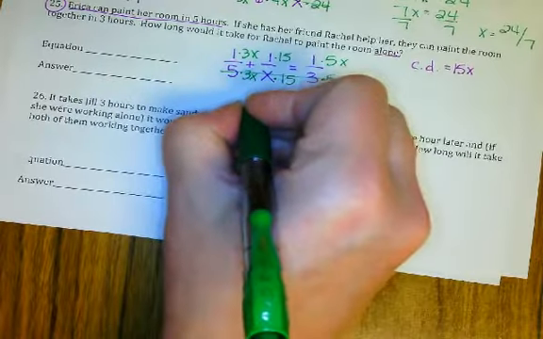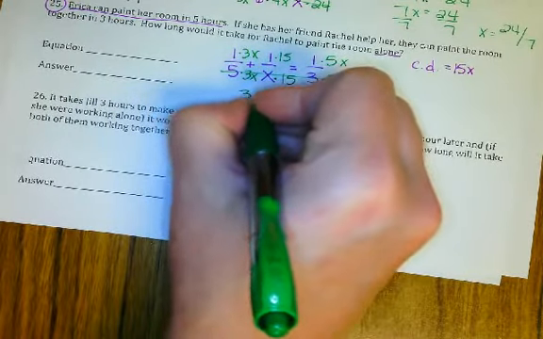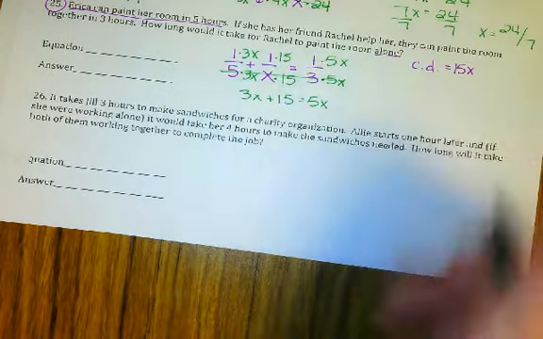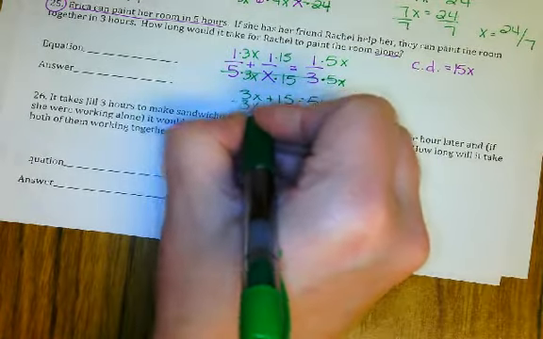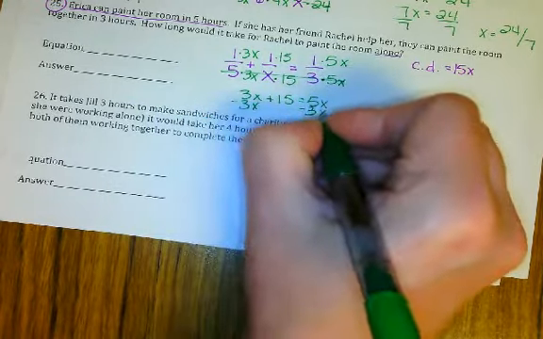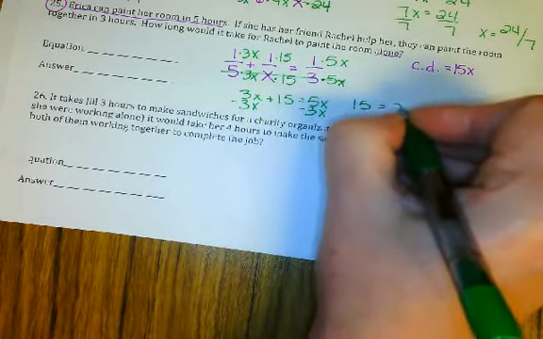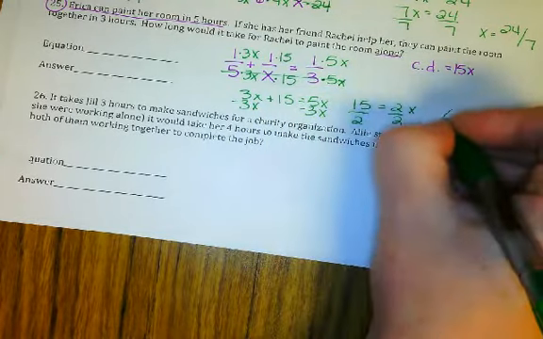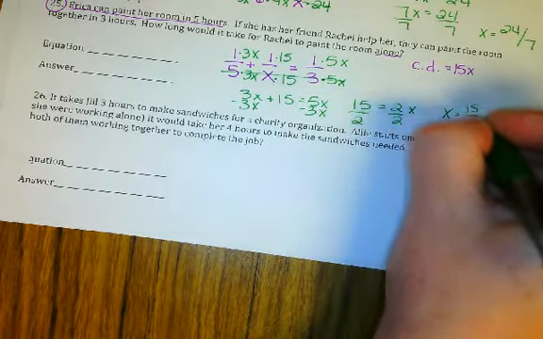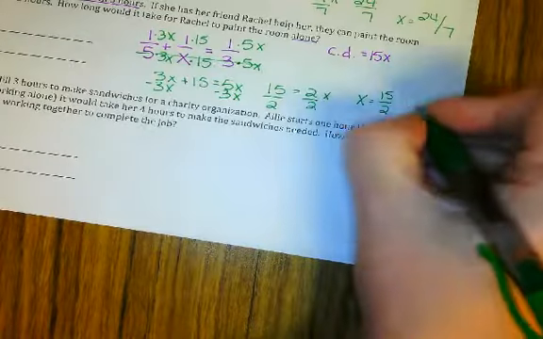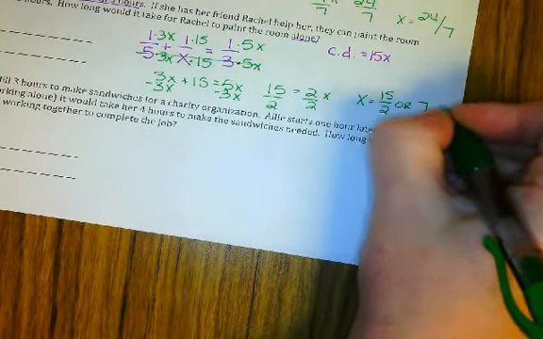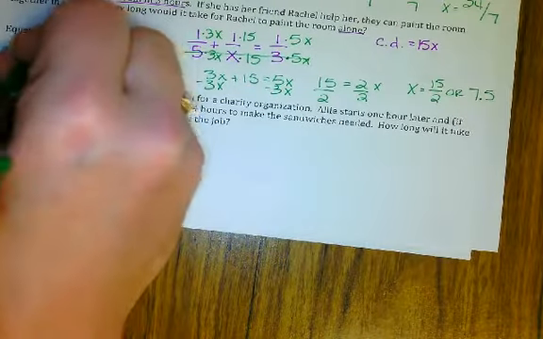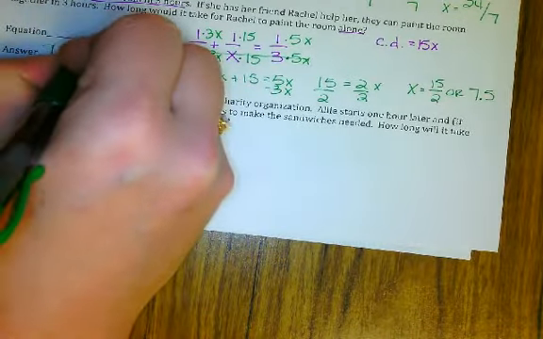So now what I have is 3x plus 15 equals 5x. And then I'm just going to start solving. And so x equals 15 over 2, or 7.5 hours. All right, so my answer is 7.5 hours.